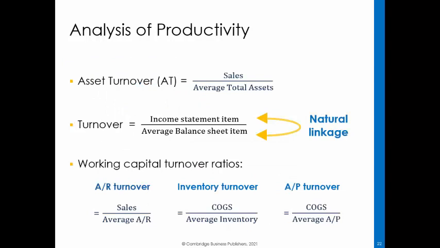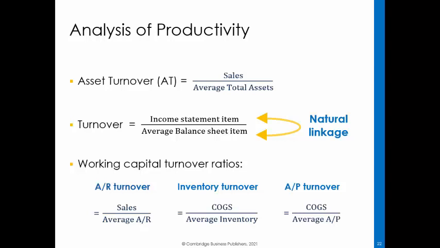The next component for analysis is productivity, which is measured at the first level by asset turnover. Within asset turnover, we have other components such as working capital. Working capital component ratios include accounts receivable turnover, inventory turnover, and accounts payable turnover, which compare the activity on the income statement to the associated balance sheet accounts.